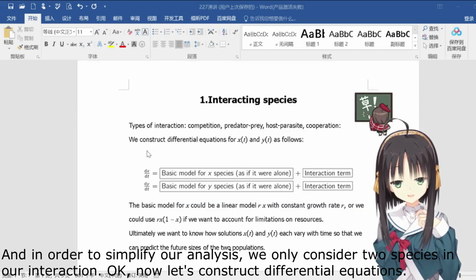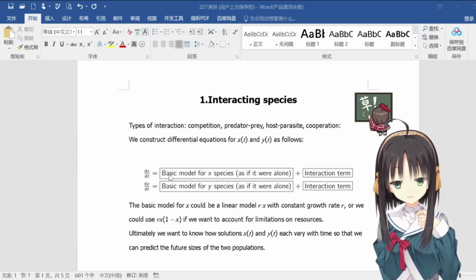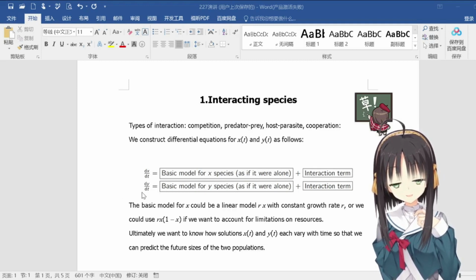Now let's construct differential equations for x(t) and y(t) as follows. dx/dt equals the basic model for x species as if it were alone, plus an interaction term, and the form of dy/dt is the same as dx/dt above.